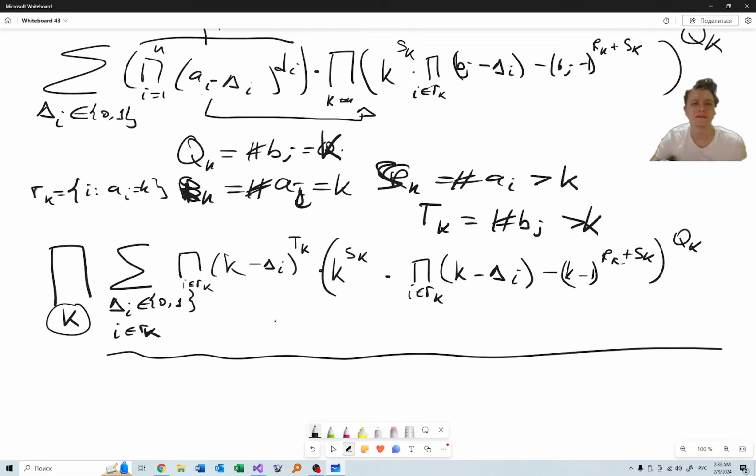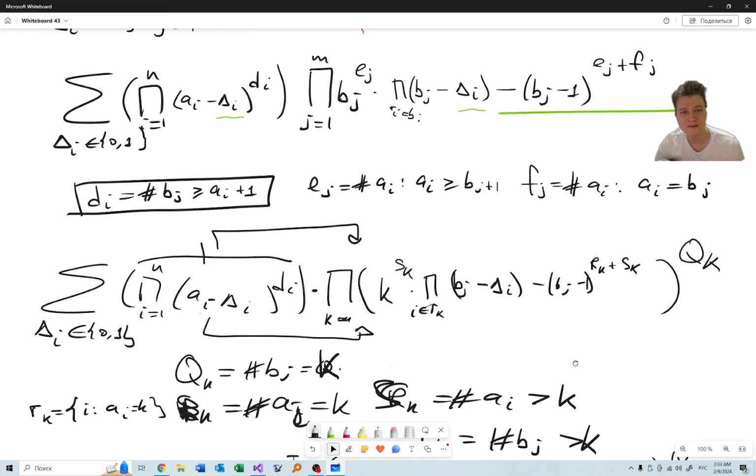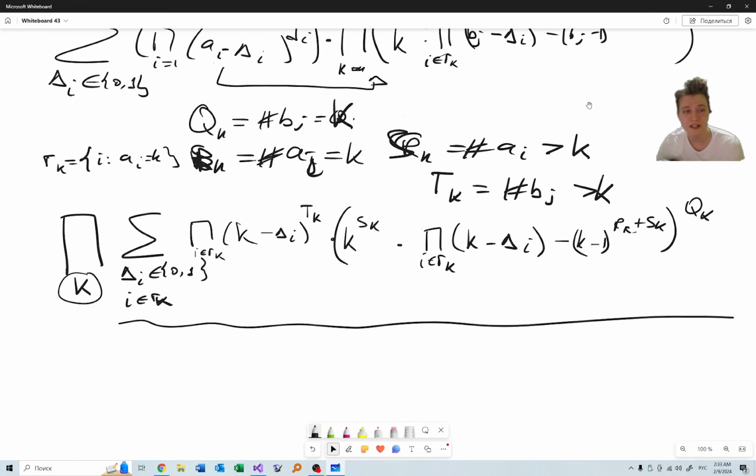Also, I again forgot about minus 1 to the power of delta. Let's write it somewhere here. So minus 1 to the sum of delta_i's.